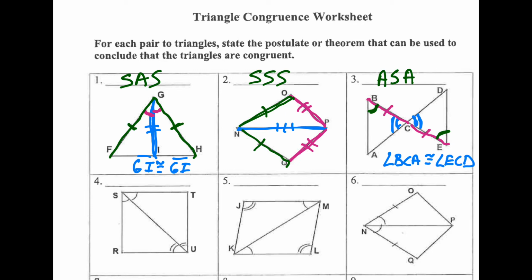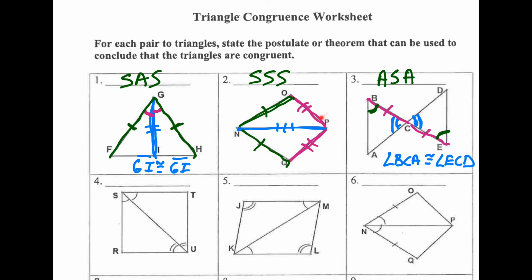So then we do have an angle, a side, and then an angle. And notice here that it's angle, side, angle, not angle, angle, side, because the side is in between the two angles. So that's super important. The side is in between them. It's touching both of the angles, so the S touches both of the A's. Those are the two biggest things you're going to have to watch out for as you do this.